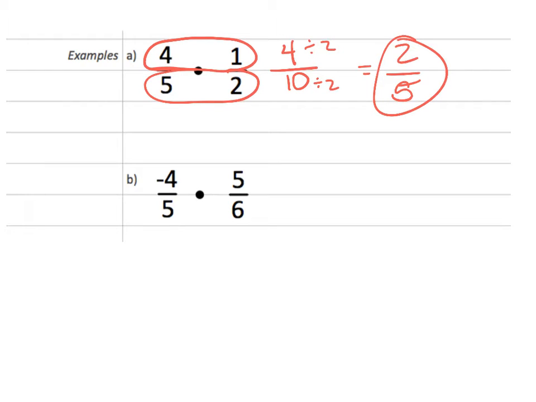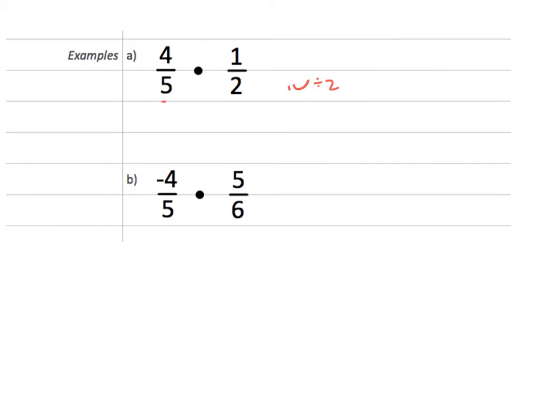However, you can, and we will get to it, you can simplify before you multiply. So that being said, I can look at the two numbers going diagonal. What can both 4 and 2 be divided by? They can both be divided by 2, to where this 4 becomes a 2 and this 2 becomes a 1.